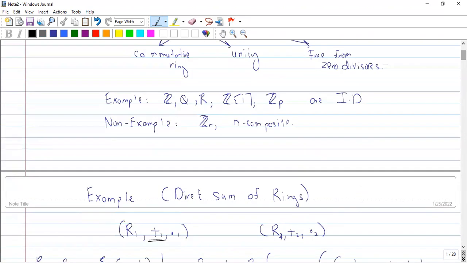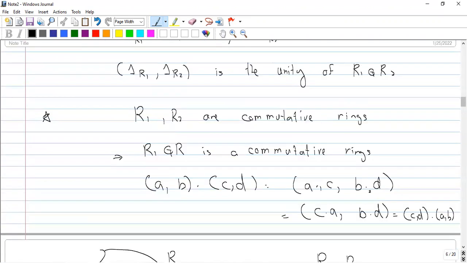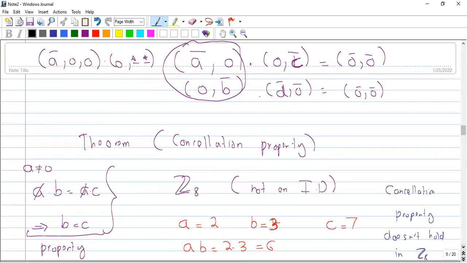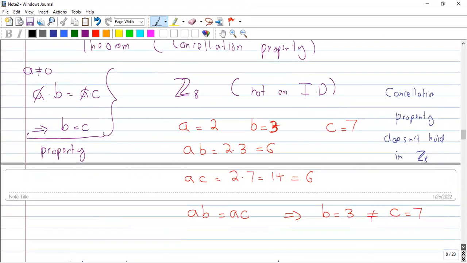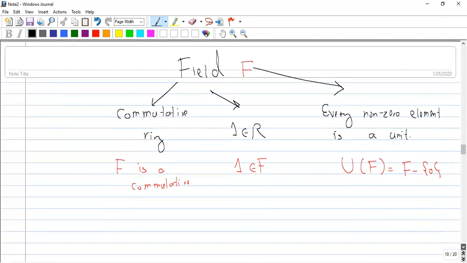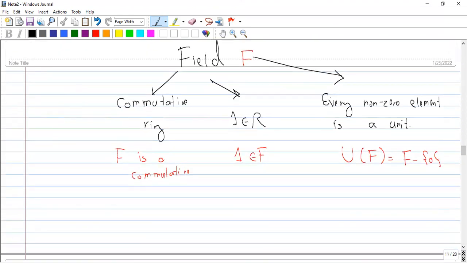So what is the property of an integral domain? It is free from zero divisors. In the field, the first few properties are the same. So we just need to show that if every non-zero element is a unit, then it should be free from zero divisors. And in a field, every non-zero element is a unit.